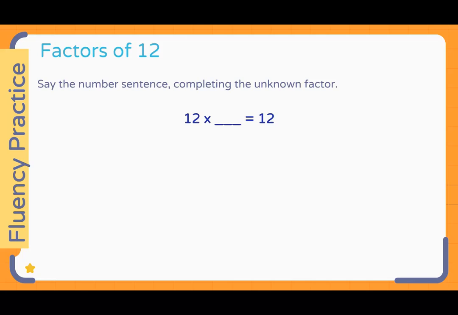Alright, factors of 12. Say the number sentence completing the unknown factor. So 12 times something equals 12. What is it? Right. 1. Okay, so I want you to write all of that. Then I want you to write that and write the answer.